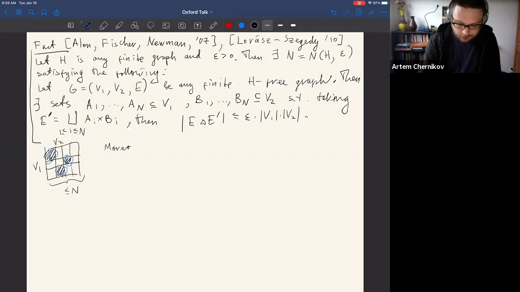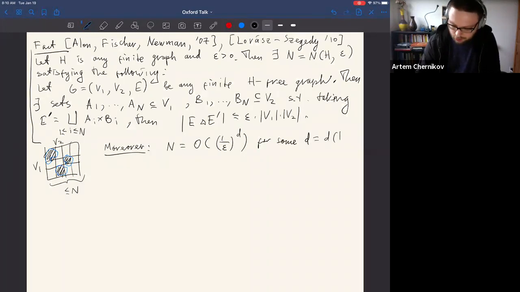Moreover, some more information is known in this case. First of all, the number of the sets that we need to pick can be bounded by a polynomial in terms of 1 over epsilon, so in terms of the inverse of the error, for some d, so the power which depends only on this finite graph H. Okay, and later in the talk we will see this bound more explicitly.